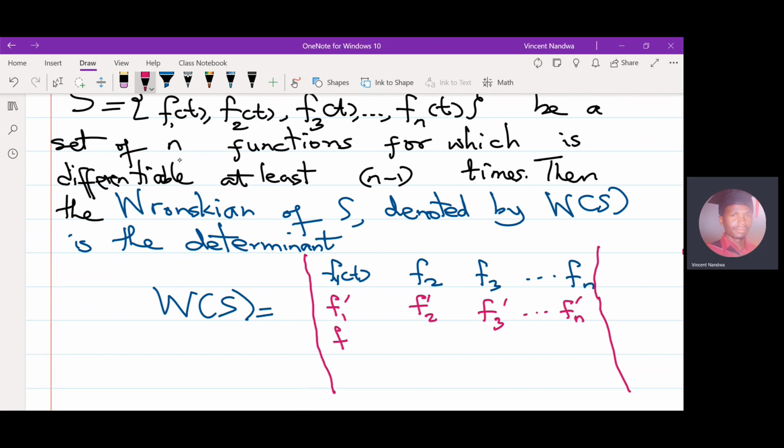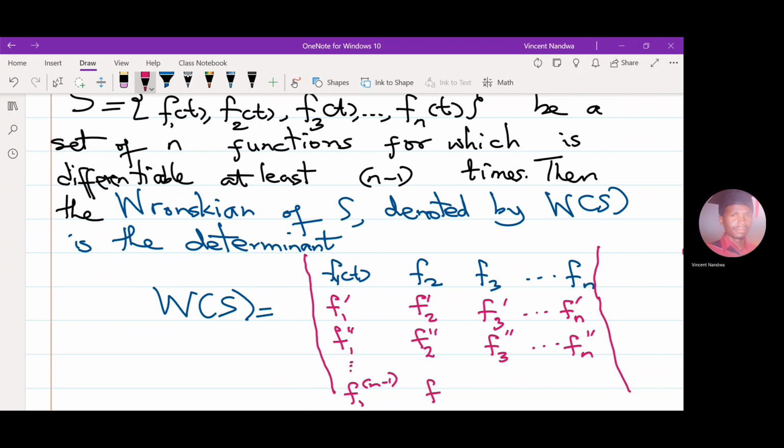The next row becomes the derivative of the previous row, all the way up to the n minus 1 derivative.